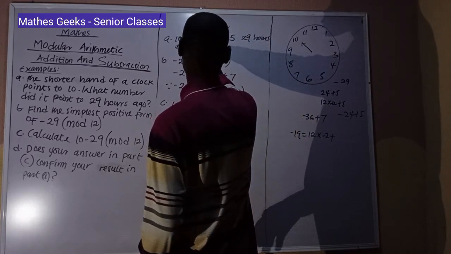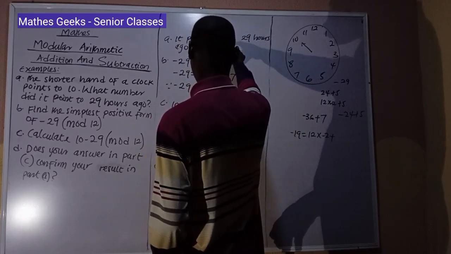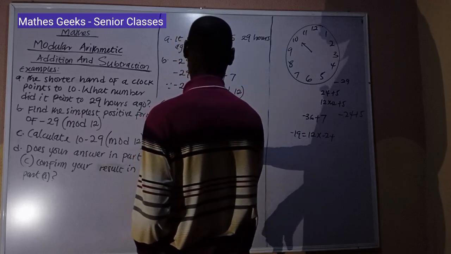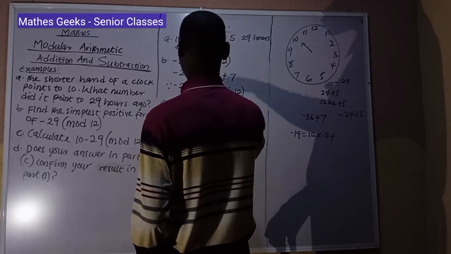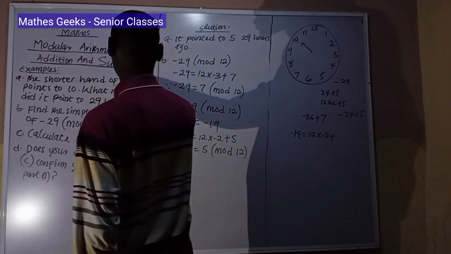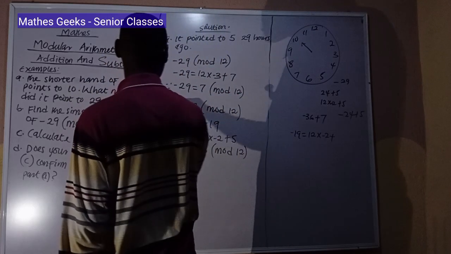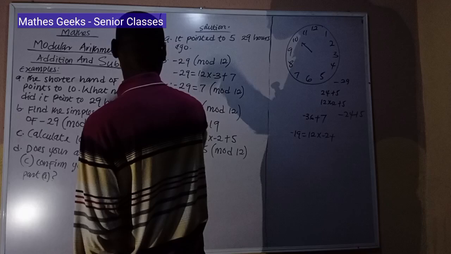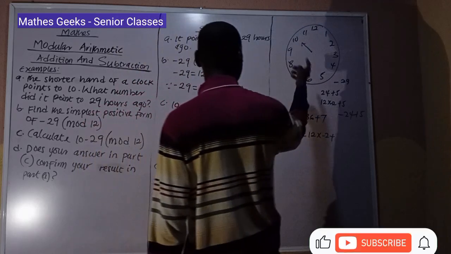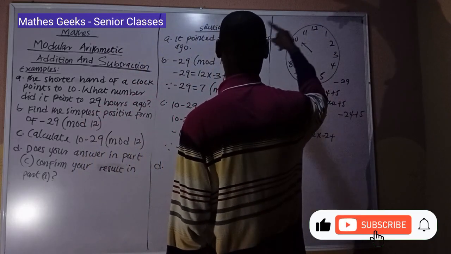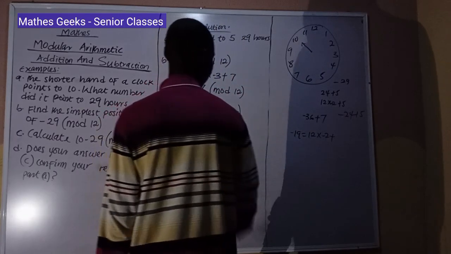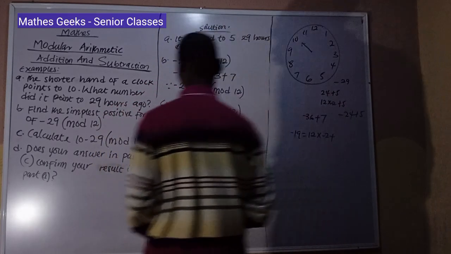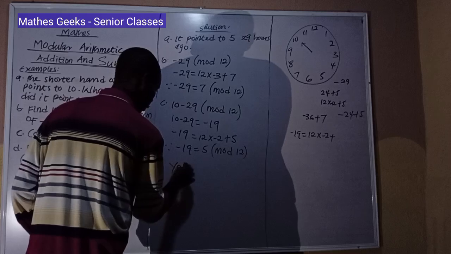So in part A, the answer is 5, and in part C, 10 minus 29 is 5, which means that if the shorter hand of the clock points to 10, which means it starts at 10, minus 29 means it moved backward in anti-clockwise direction 29 hours. So it's going to stop at 5. So our answer here is yes.